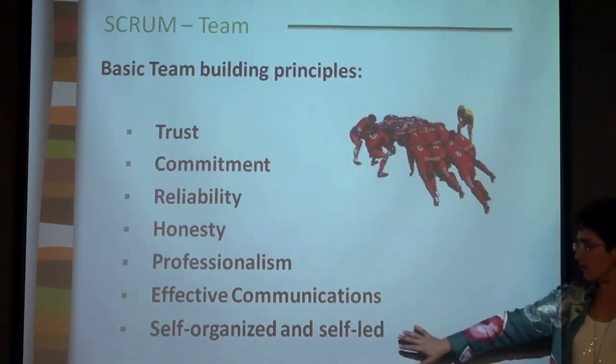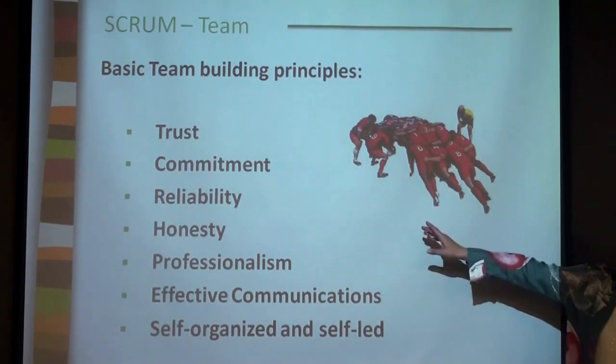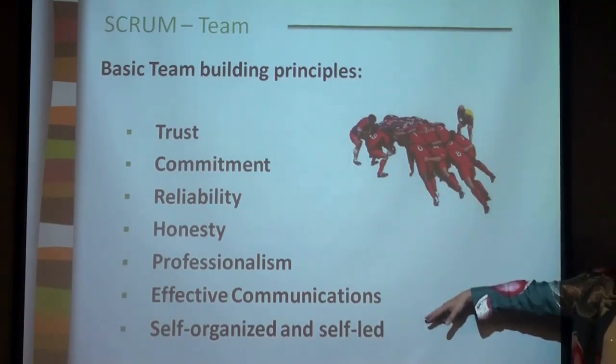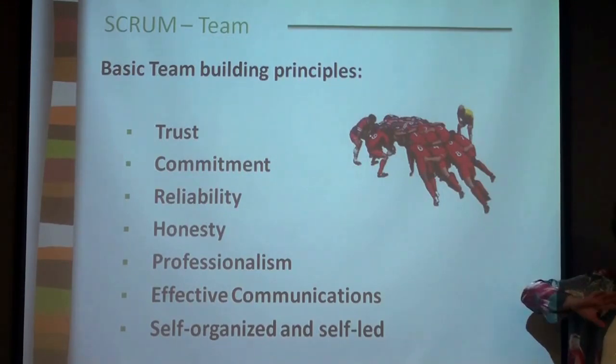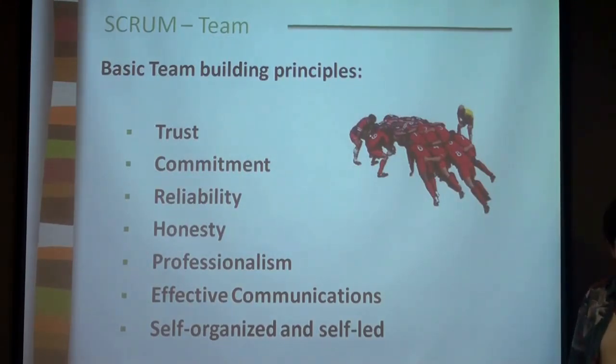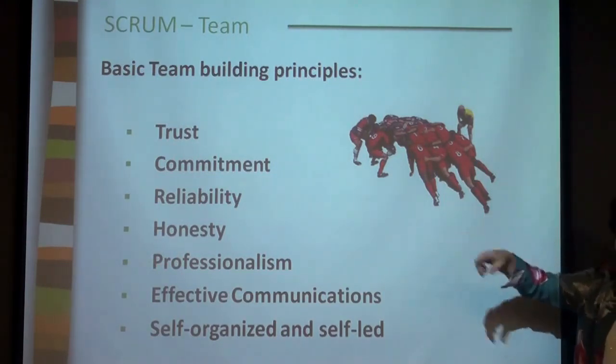And most Scrum teams are self-organized and self-led. If you noticed, there is no manager position in a Scrum team, right? It doesn't mean the project in general will not be managed at all. There will probably be one manager somewhere supervising a few Scrum projects.